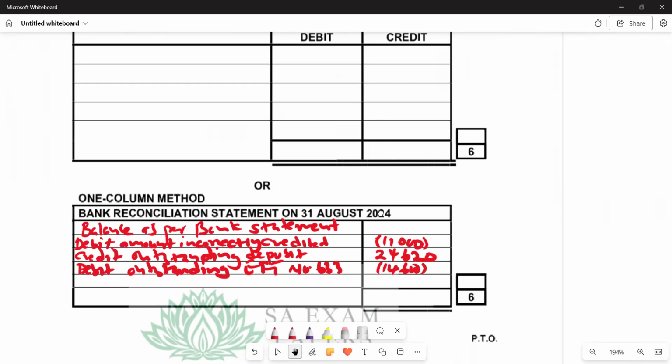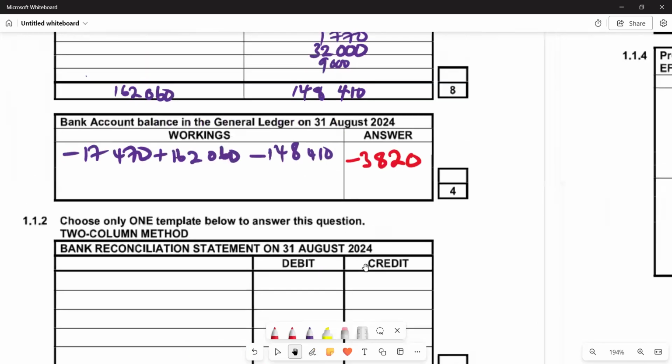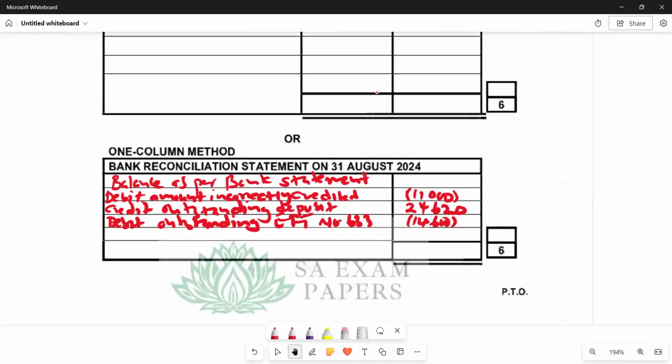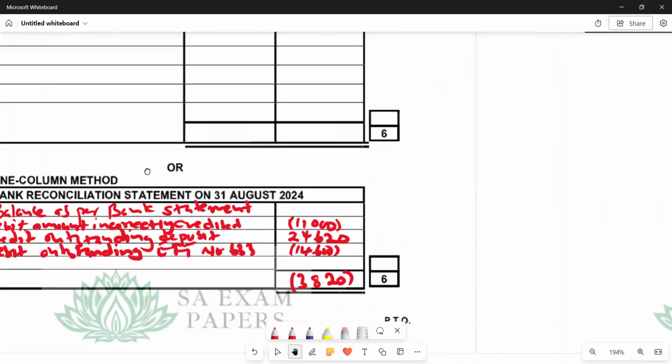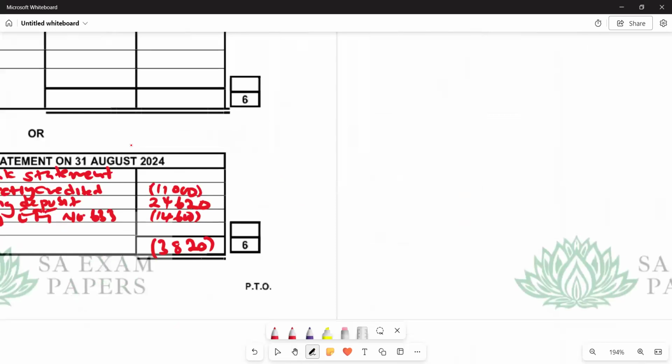If you go back to the bank account balance that we calculated on 31 August 2027, we got a negative 3,820. That's the same balance that is going to come here. We're going to put it between the double lines, so we say 3,820, and to show it's a negative we put it in brackets. Then we can go up to find this figure. Let's assume the balance at the beginning is X, so that we can form an equation and it becomes simple to calculate.